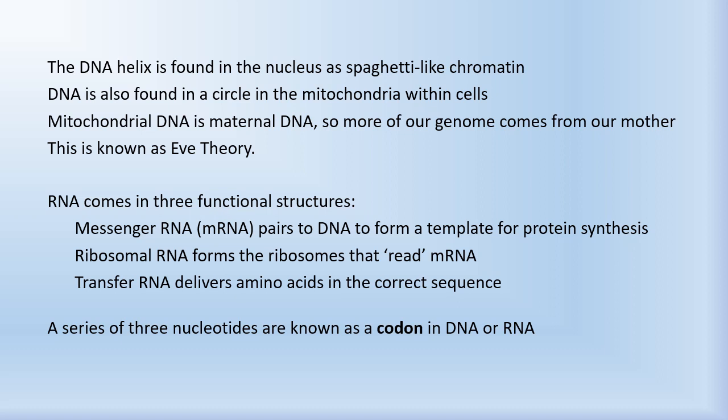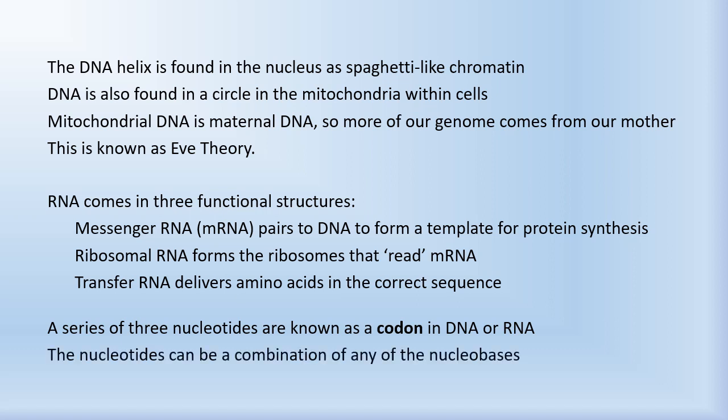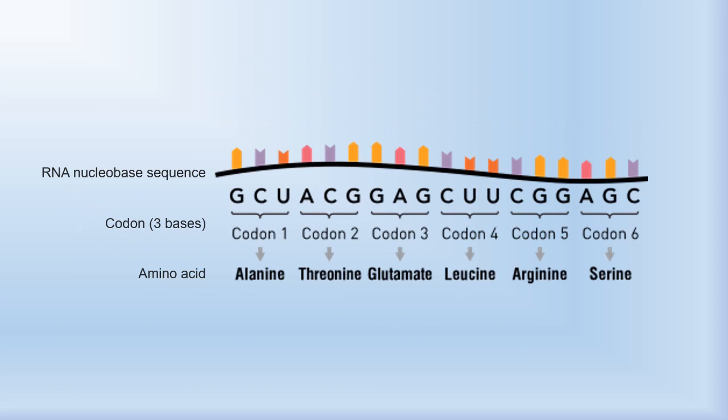A series of 3 nucleotides are known as a codon in both RNA and DNA. The nucleotides can be a combination of any of the nucleobases. Each codon then codes for a specific amino acid. Have a look at the diagram for a minute.